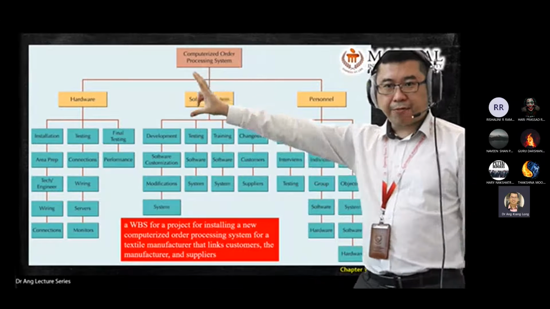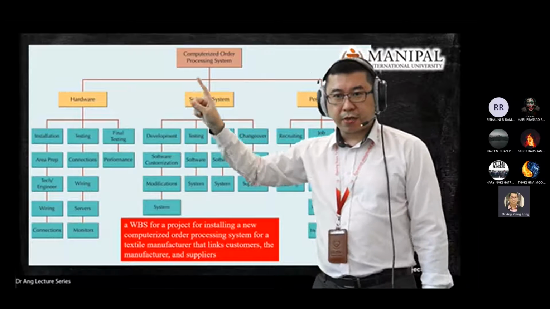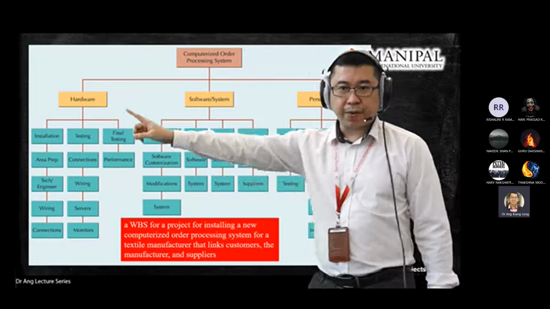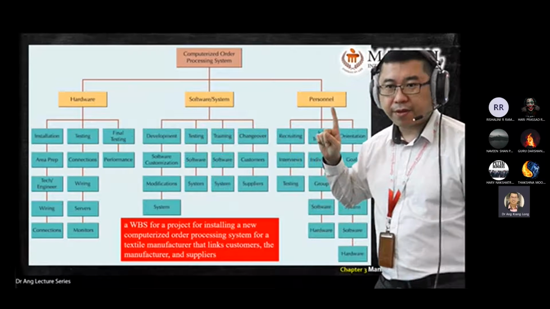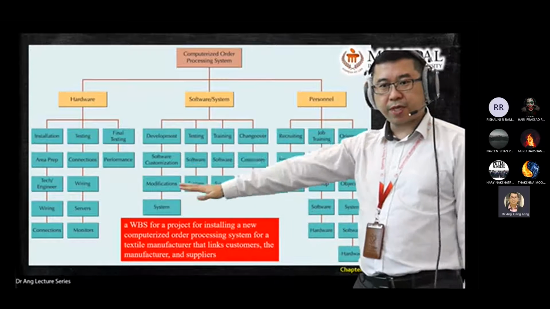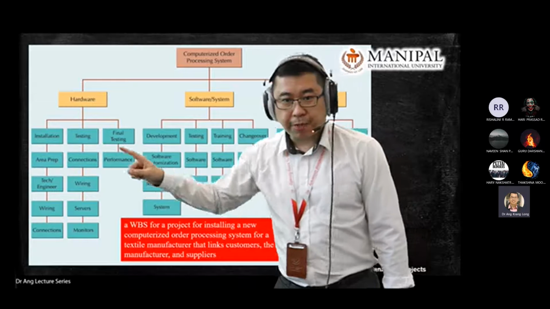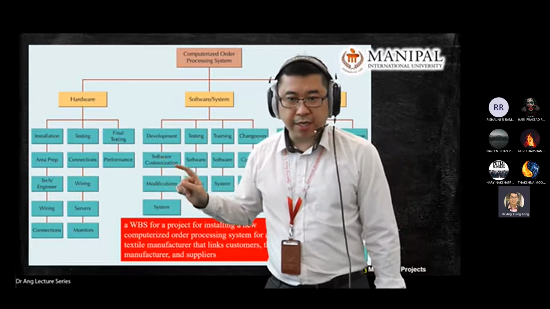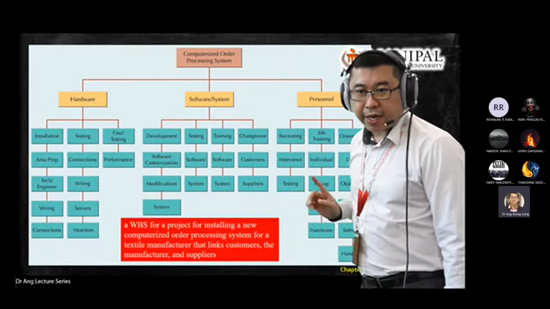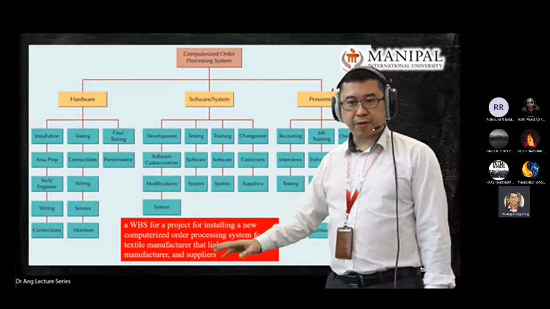At the upper level, the first level, you have what to do: hardware, software, and personnel. At the lower level, you have all the activities, what or how you need to do, for example installation, testing, modification, and so on. So this is a sample of WBS.